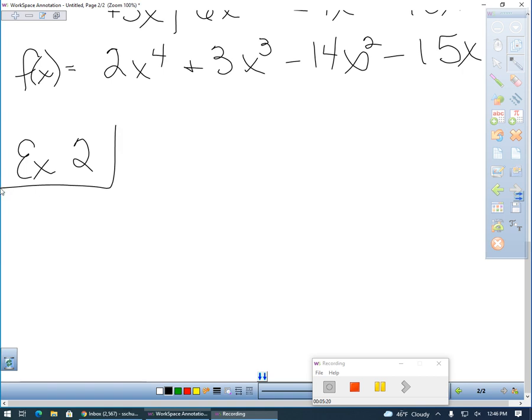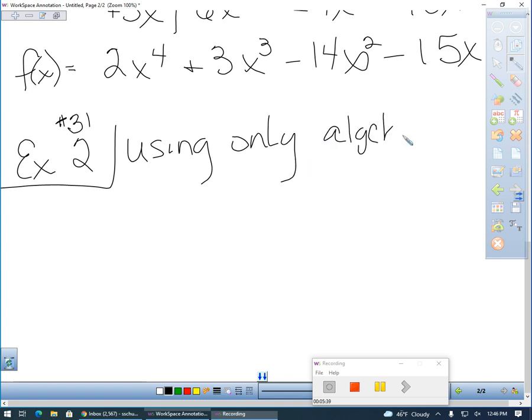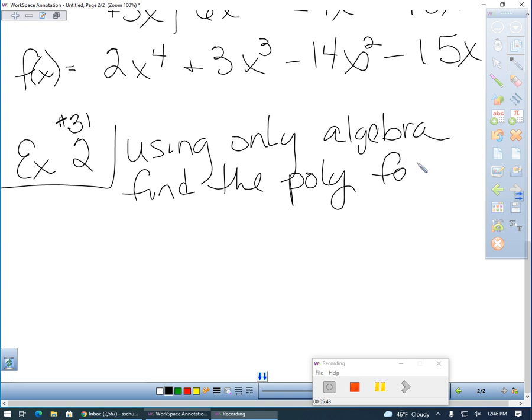In example number 2, this is going to cover your number 31 for today. Using only algebra, find the polynomial for, here's a table you're going to be given this time.